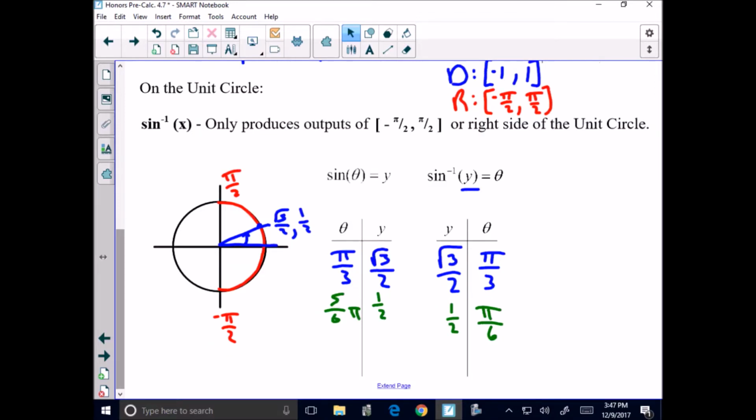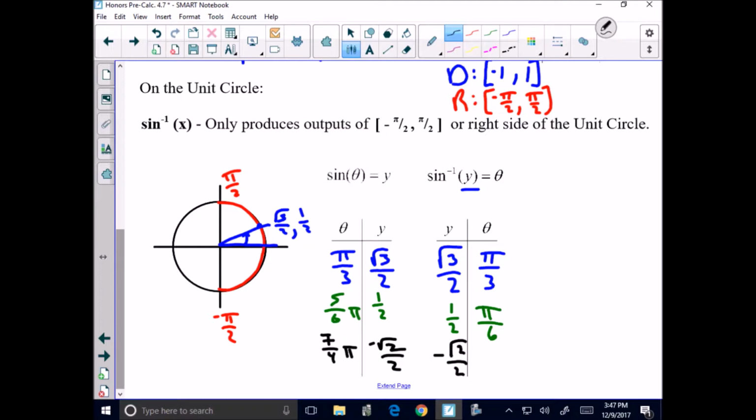So for example, one last one, if we're looking at, let's say, a rotation of 7/4 pi, we'd evaluate that on the unit circle, and we would get negative square root of 2 over 2. And right here, if inverse sine evaluated the negative square root of 2 over 2, it would say, what's the least amount of rotation I need to do to create that vertical change?